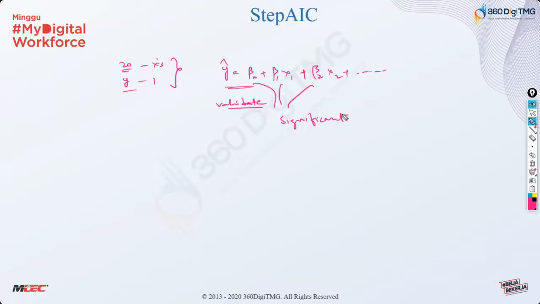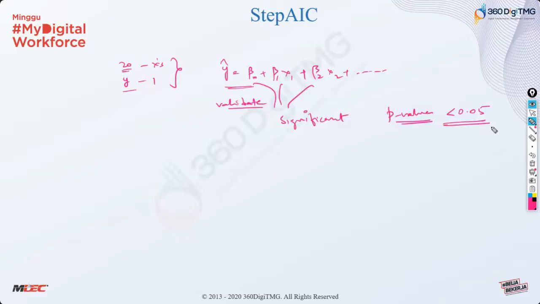So in order to check that these are significant features in predicting Y, we look at their respective p-values. And these p-values should have a value which is less than the standard, which is 0.05. So the p-value should be less than 0.05.